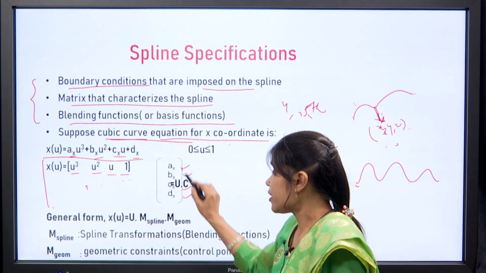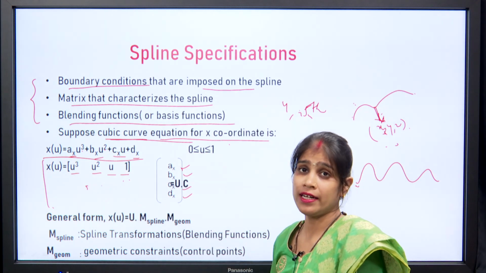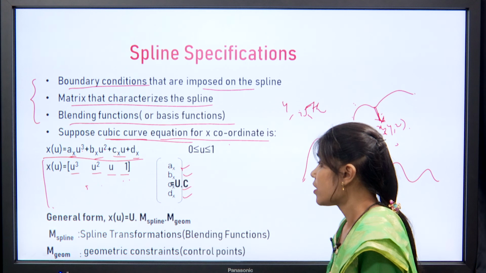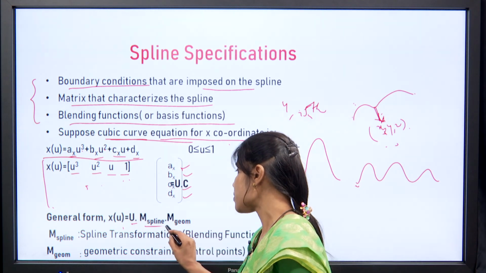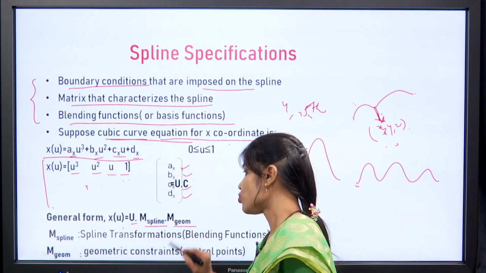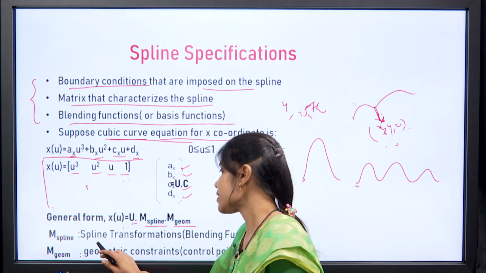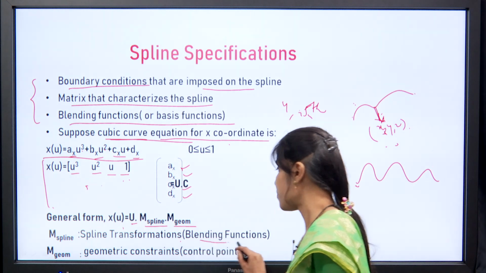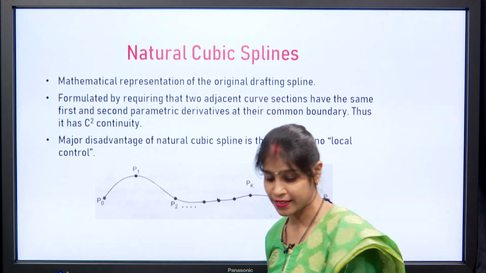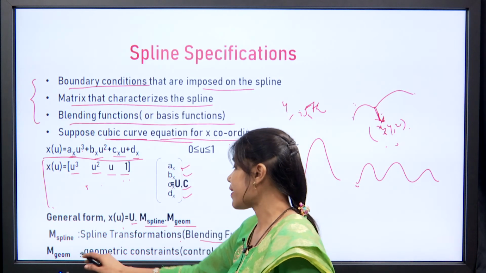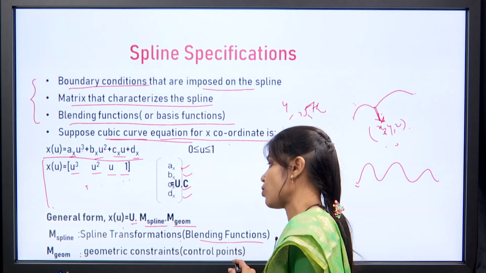These are the parameters which you have to calculate while defining the curve. So the general form of x(u) is u dot M spline dot M geometric. M spline is the spline transformation, that is the blending functions, and M geometric is the geometric constraints, or the control points.